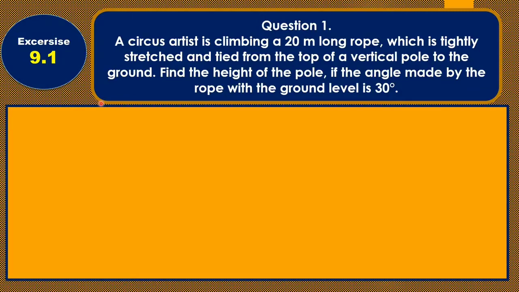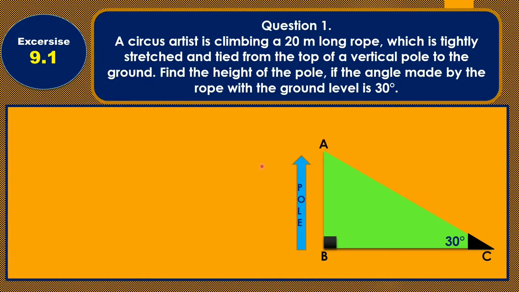So students, here we'll apply the basic knowledge which will help us in drawing an accurate diagram, which is the most important part of these word problems. In this figure, we'll consider the pole as AB. Here we will consider a right triangle first.